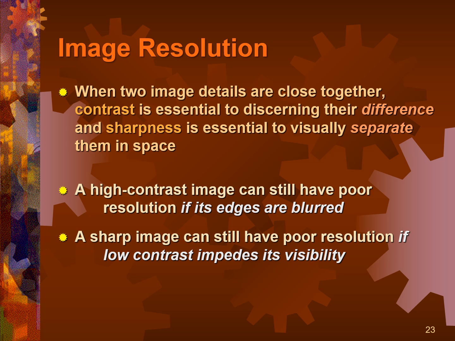A high contrast image can still have motion blurred edges, so you would lose spatial resolution. A sharp image can still have poor resolution if low contrast, that is the color difference between the two shapes, is negligible.